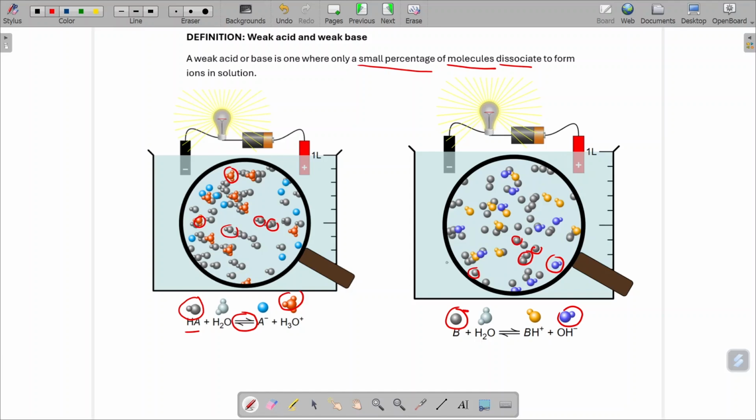And there is a list of strong acids and strong bases and weak acids and weak bases, and you should be able to explain how they dissociate and how they ionize. We can also see that the brightness of the light bulb in both these cases is much less in these weak acids and bases than it was in the strong acids and bases. And the reason is that these ions, which carry the charge, there are very few of them in the solution.